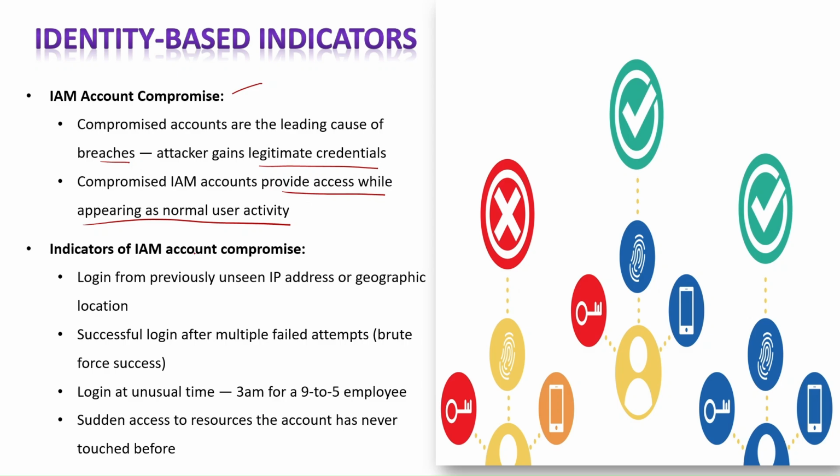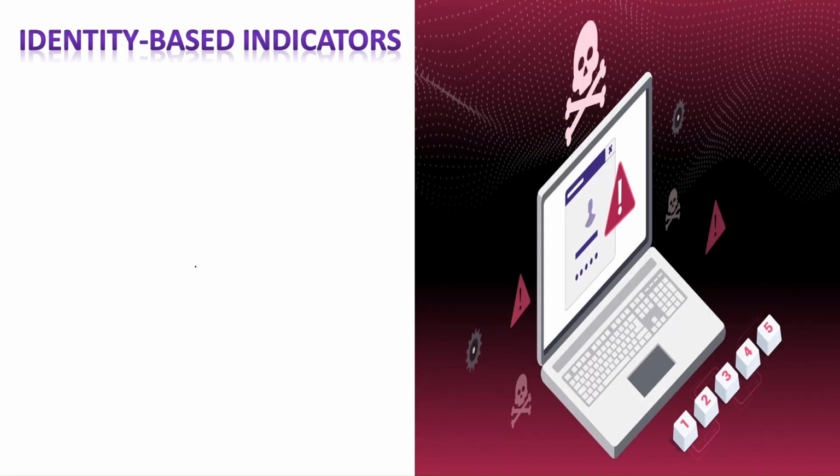Indicators include login from a previously unseen IP address or geographic location, successful login after multiple failed attempts through brute force success, and login at an unusual time. For example, if the employee's usual timing is from 9 to 5, but the login happens at 3 a.m., it is an indicator of compromise. Also, sudden access to resources the account has never touched before. These are some of the indicators of a compromised account.